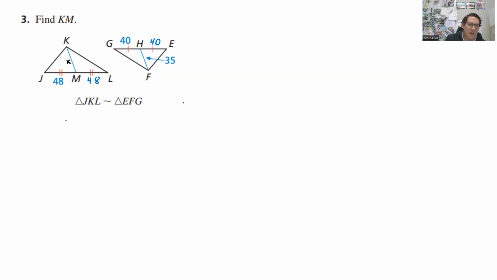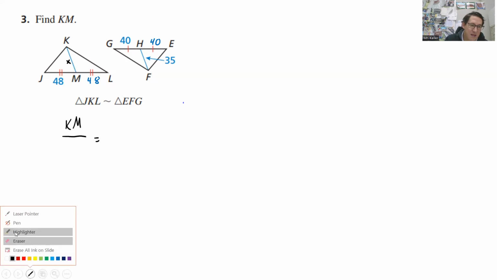I'm going to do KM over, I'm going to say JM. And that's going to be proportional. So it's going to be FH. So KM. No, I did that backwards. Even though this would work this way, I did that backwards. Let me highlight.